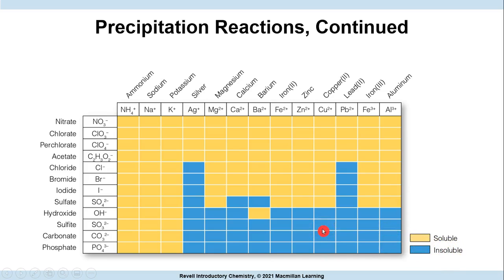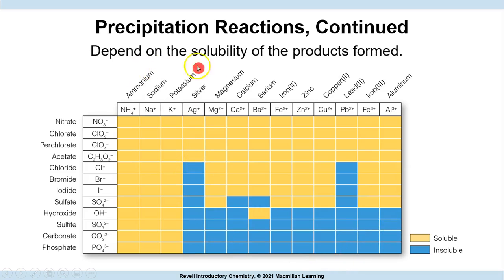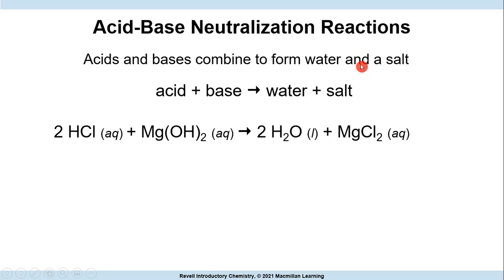For example, where silver and chloride meet, they form an insoluble compound. What about sodium chloride? We look at sodium here and chloride here; sodium chloride is a soluble compound, so there is no precipitate. Everything you see in blue forms a precipitate. So that depends on the solubility of the product that is formed.